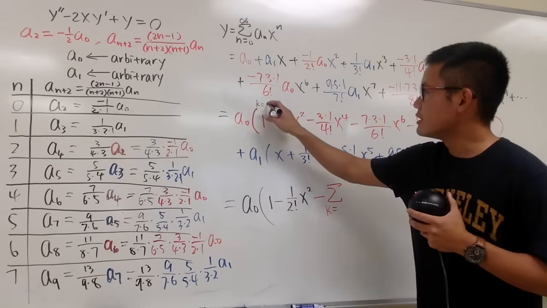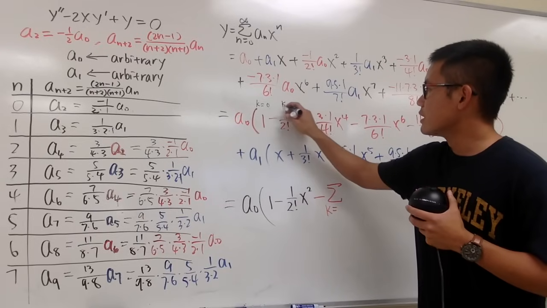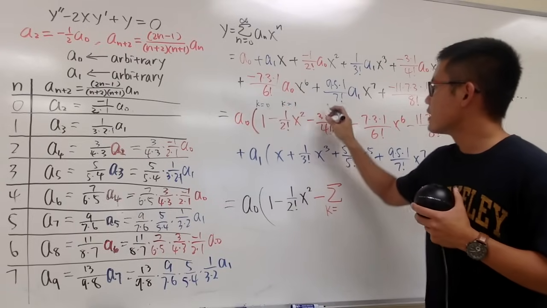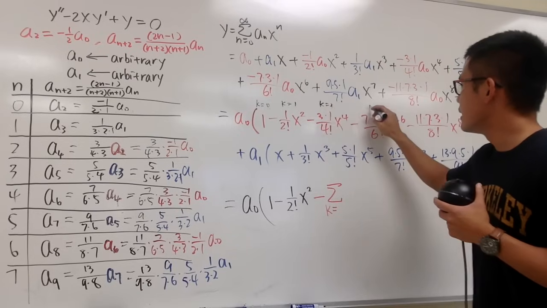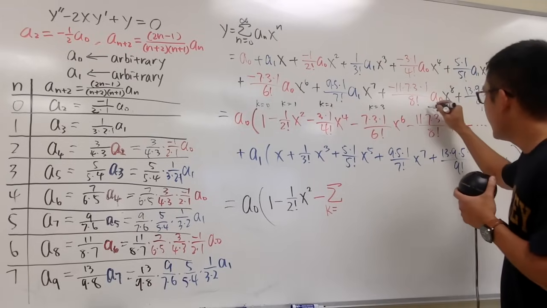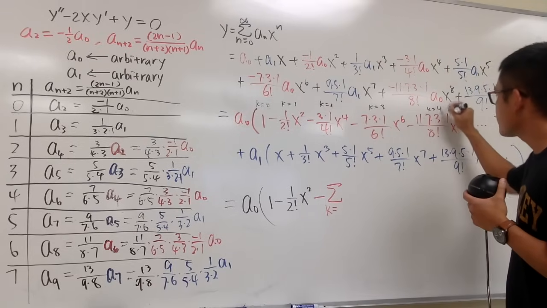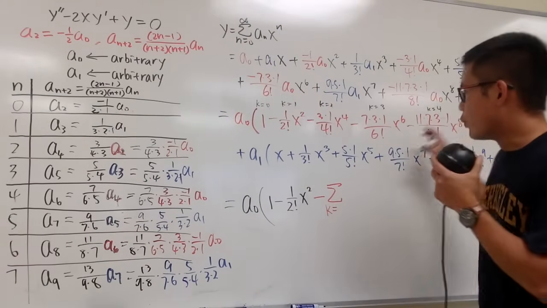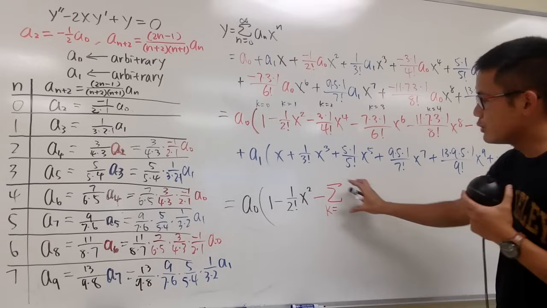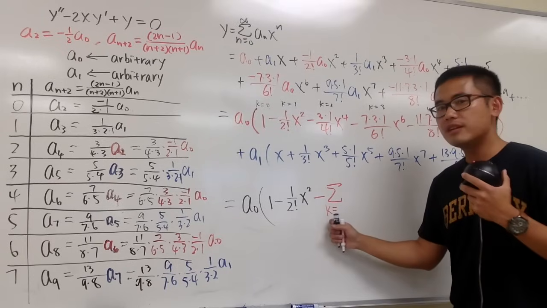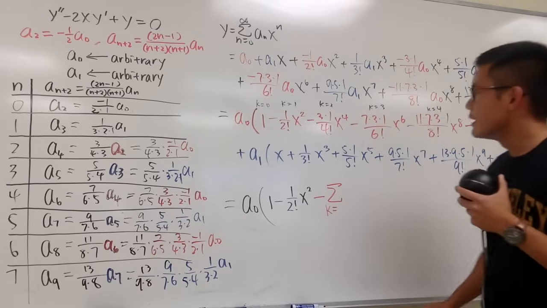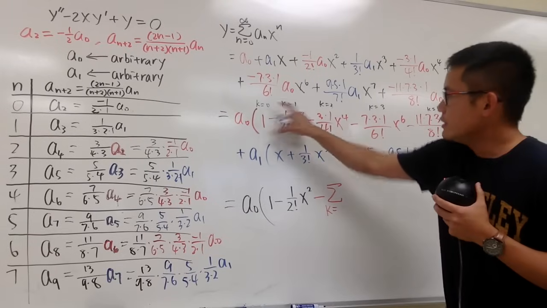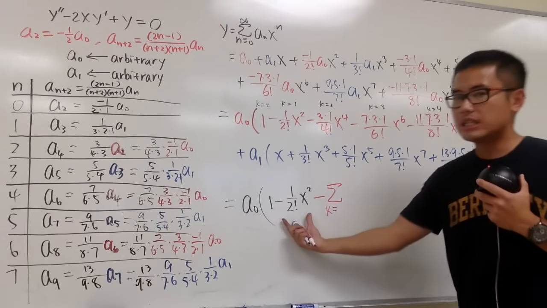So let me put this down as k is equal to 0, and this is k is equal to 1, and then k is equal to 2, and then k is equal to 3, and so on, all right? And once again, even though I'm using n, when we are trying to close this into a sigma notation, you get to use any letters that you want for the index, all right? Anyway, so these two terms are okay because I just write them down separately.